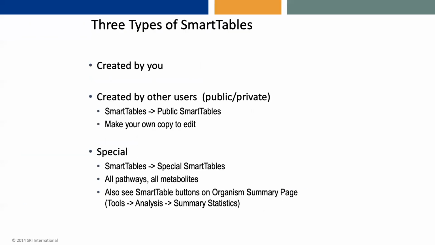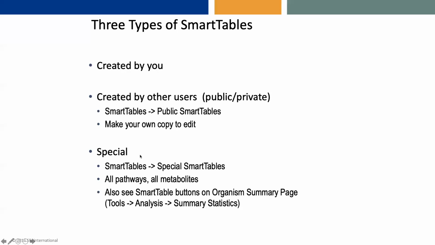There are 3 types of smart tables. There are smart tables that you create, and this is one of the reasons why you have to log in to work with smart tables. This isn't a subscription. This is signing in as a user in the upper right corner of the page. So there are those that are created by you. There are those that are created by others, whether shared in public smart tables, or someone can share a copy of a smart table with you and you can make your own copy to edit.